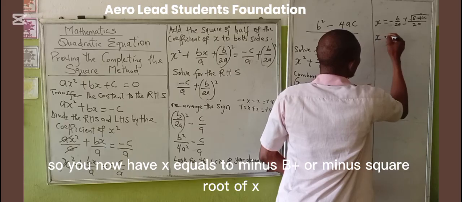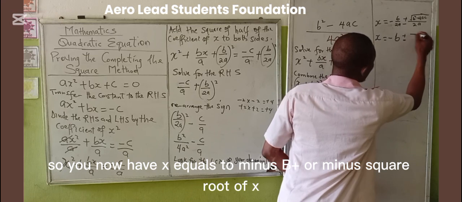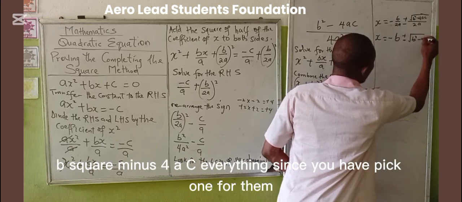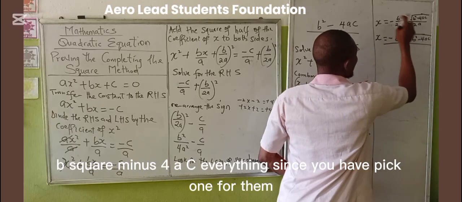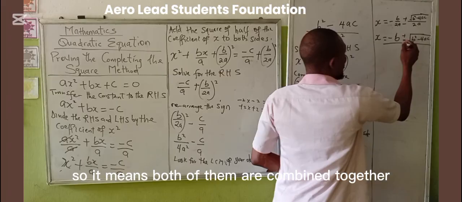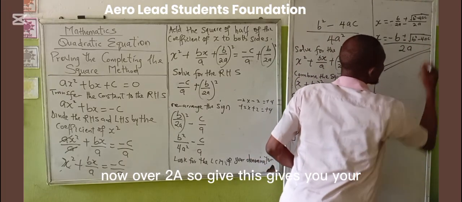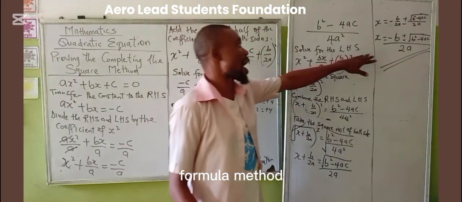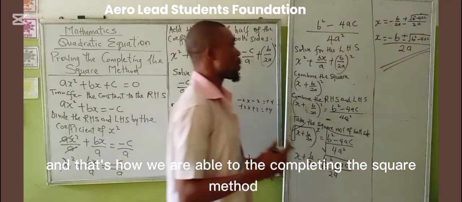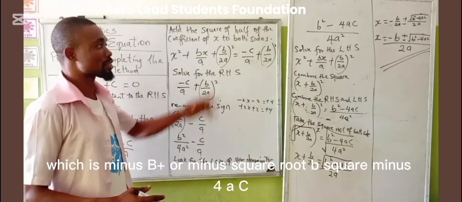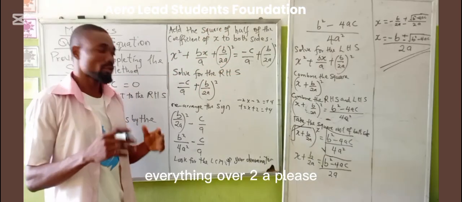So you now have x equals minus b plus or minus square root of b squared minus 4ac. Since you have picked one for them, both of them are combined together now over 2a. So this gives you your formula method, and that's how we are able to prove the completing the square method, which is minus b plus or minus square root b squared minus 4ac, everything over 2a.